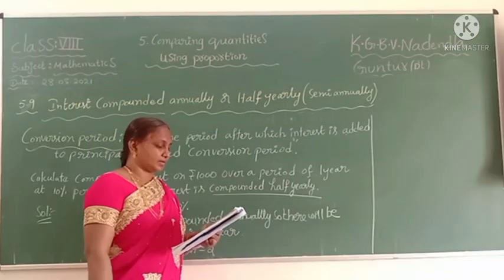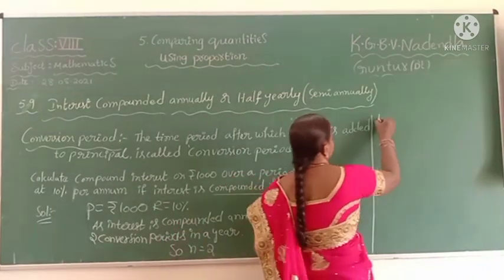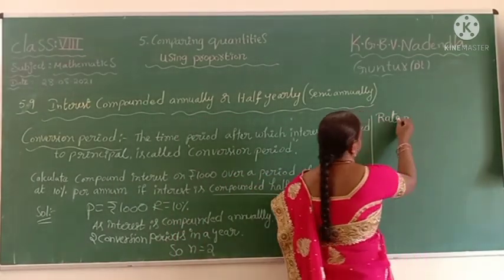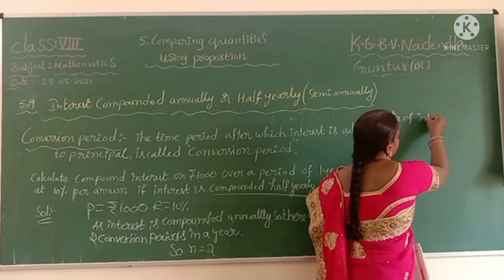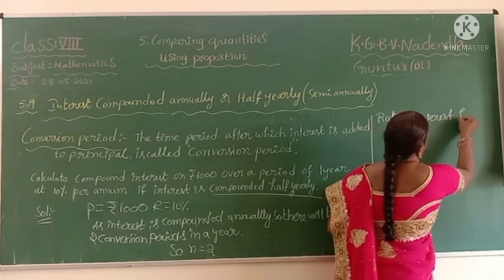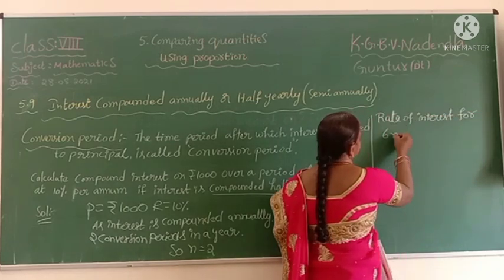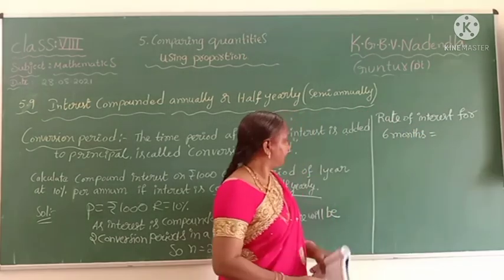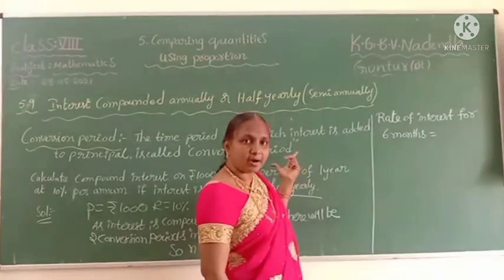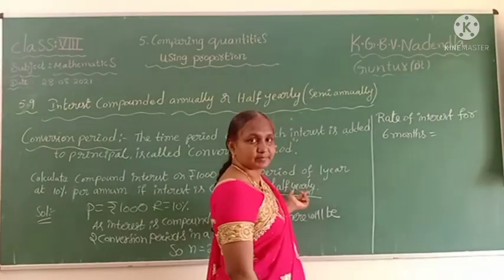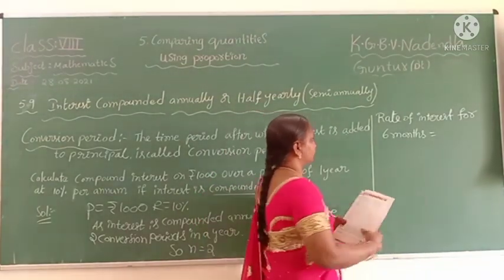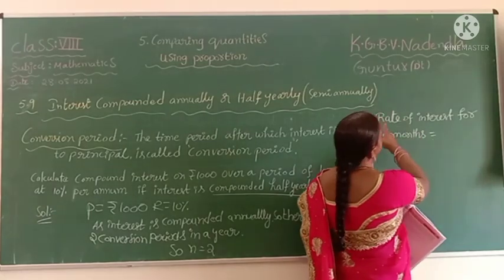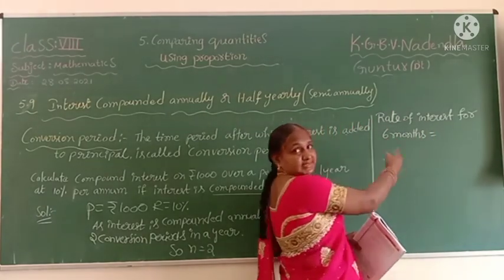Now rate of interest for 6 months. Why do we take it? Because here it is compounded half-yearly, so we also find the rate of interest for 6 months.